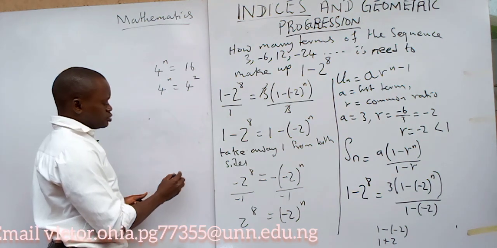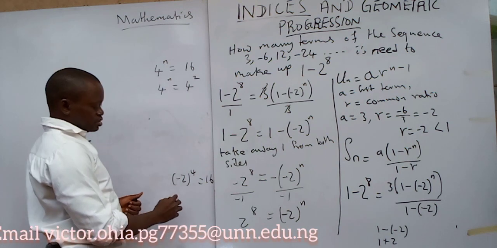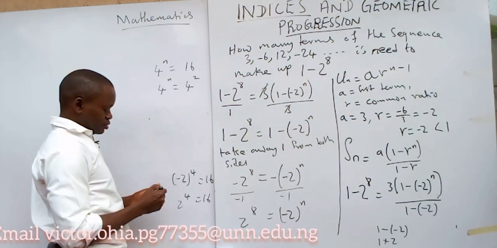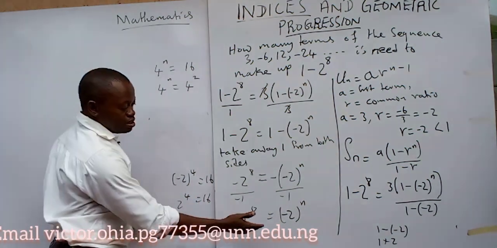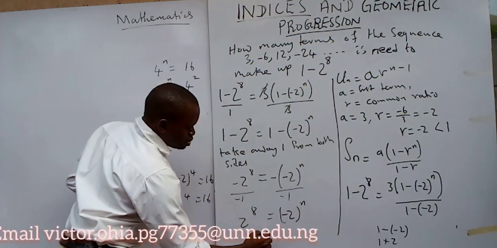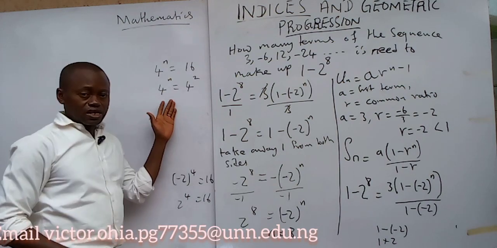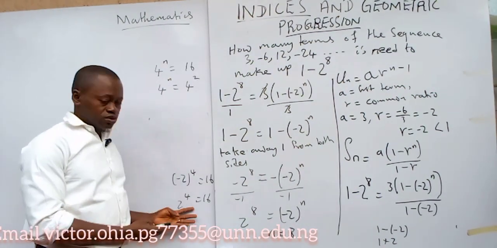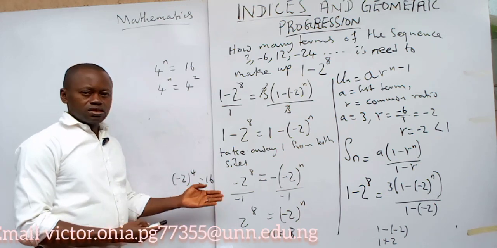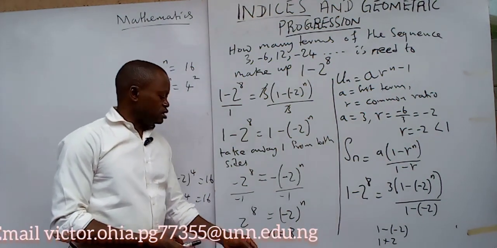That is, if I have minus 2 raised to power 4, this is 16, and it is the same thing as 2 raised to power 4, which is still 16. So if you accept this, it then means n is 8. Without too much explanation, n is equal to 8, because any negative number raised to power even is positive.